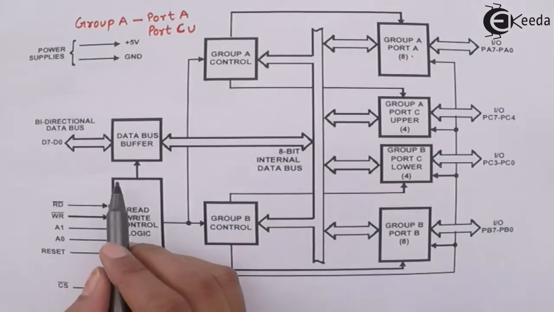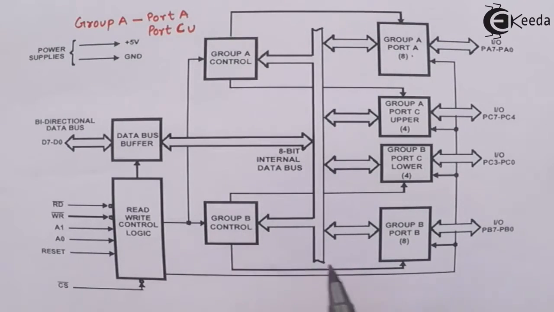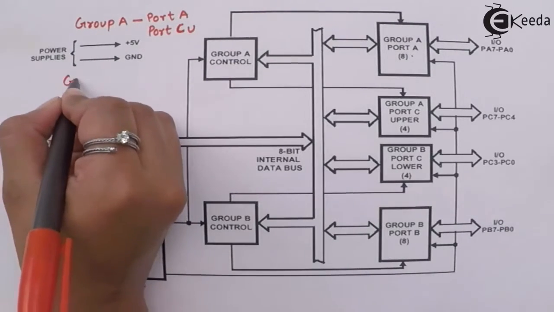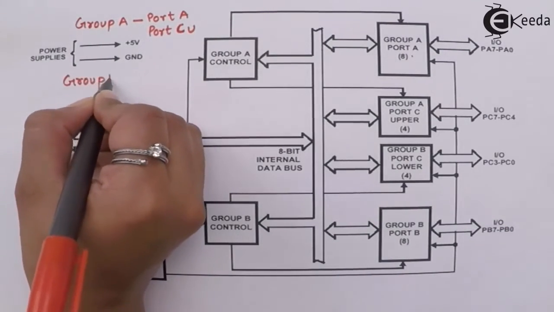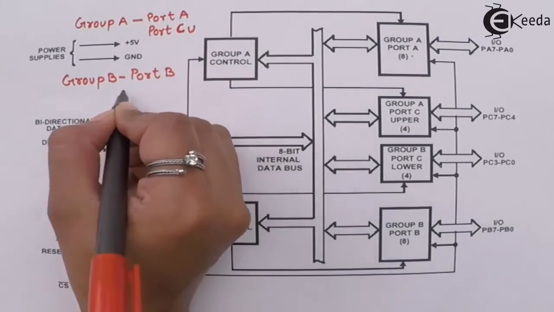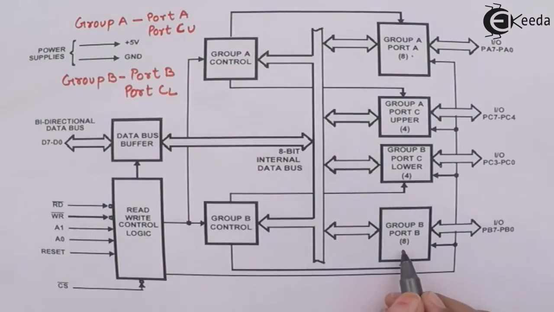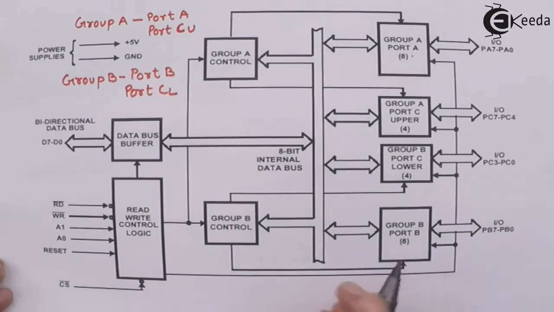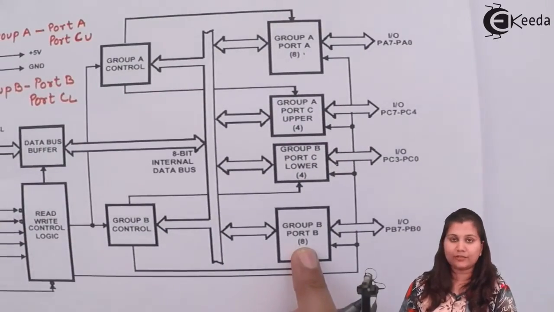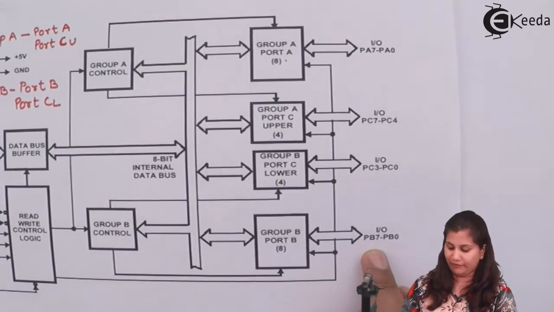Then we have the group B control, which has port B and port C lower. Port B has 8 lines, from PB0 to PB7.